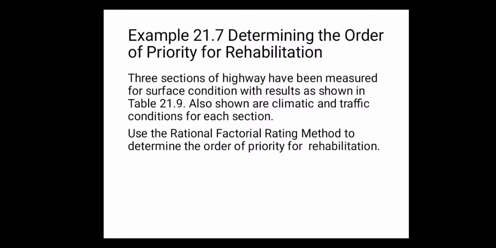To make it more understandable, let's have an example on determining the order of priority for rehabilitation. So we have here 3 sections of highway that have been measured for surface condition with results as shown in table 21.9, which can be shown in the latter part of the report.